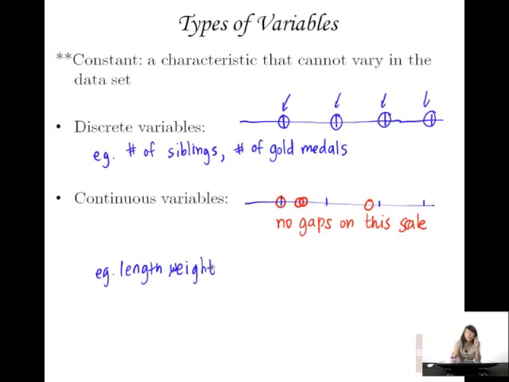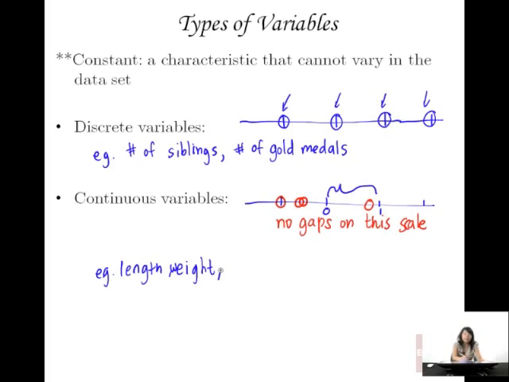It could be 100.1 or 100.001 or 100.0001. Even between, let's say, 0 and 1, there is an infinite number of values that could contribute to a continuous variable, such as length or weight.